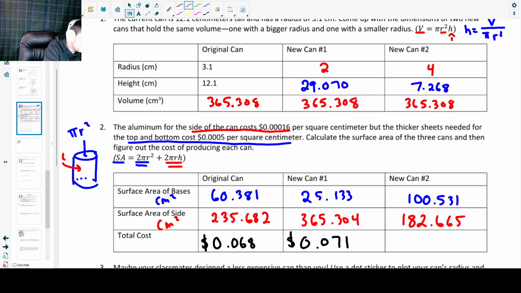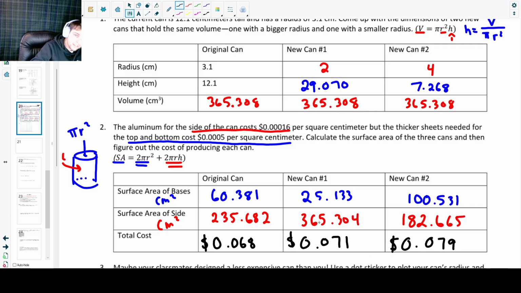Alrighty, and now finally, throwing that all together in the cost. So multiplying the lateral surface area times the value of that, and so for this can here, I'm actually coming up with a cost of 0.079. So in this case, this is actually the most expensive can.